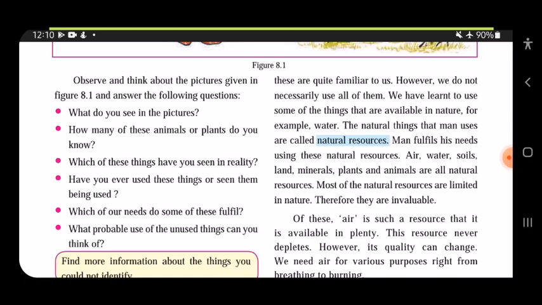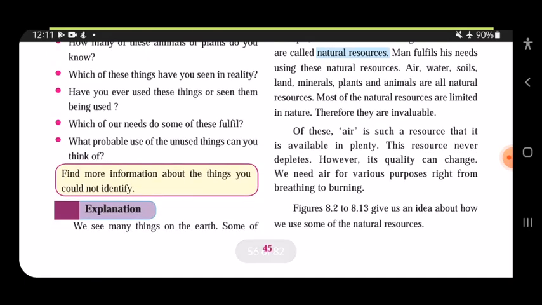Most of the natural resources are limited in nature. Therefore, they are invaluable. Some natural resources are limited, like water, right? You don't know when we will have a shortage of water, so we should use it properly. Of these, air is such a resource that is available in plenty.